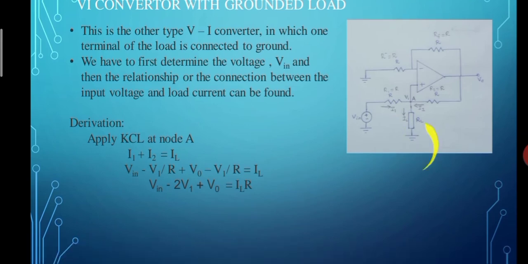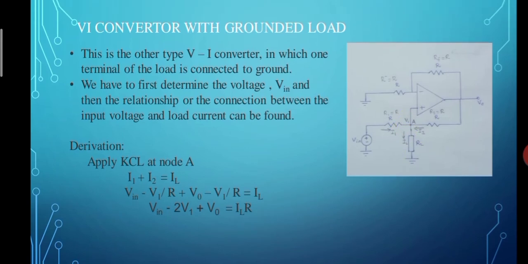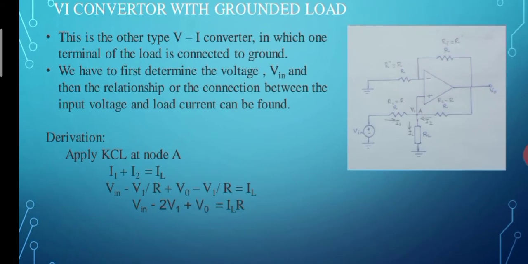In this position, the load has been grounded. This is node A. Since VIN passes through R with some drop, only some voltage will be acquired. So at node A, we have the voltage V1.